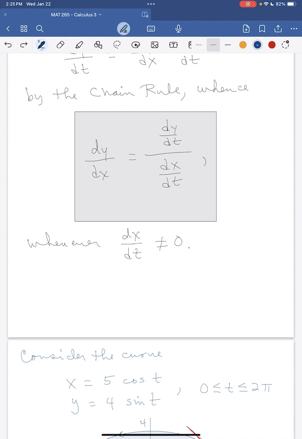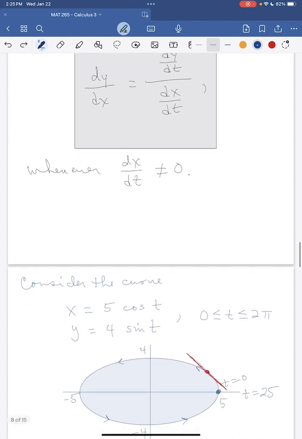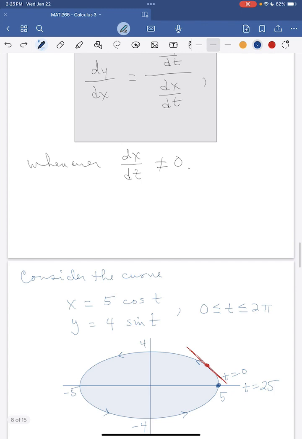So what we get here is an ellipse, and it is traced out completely as t goes from 0 to 2 pi. It starts over here at the point (5, 0), and of course you see the direction from the arrows there. And there's a particular point that we're going to investigate with that red line there. So we'll look at that in just a second.